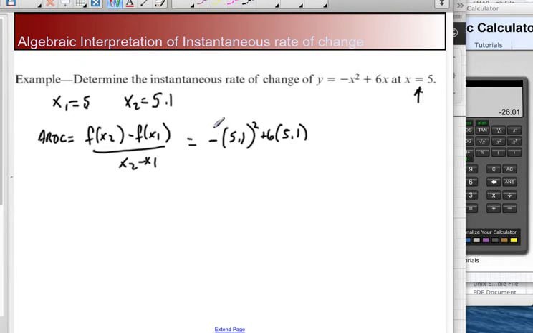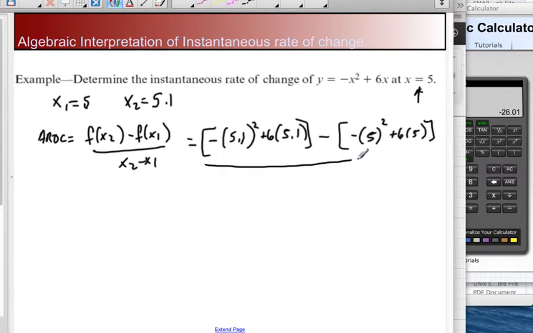And that's going to be my y value for 5.1. And then I'm going to subtract the y value at 5, so that's minus 5 squared plus 6 times 5. So there's my two y values, and I'm going to divide by x2 minus x1. So that's going to be 5.1 subtract 5.